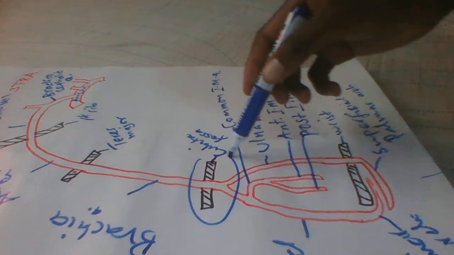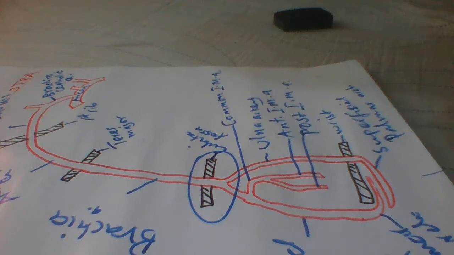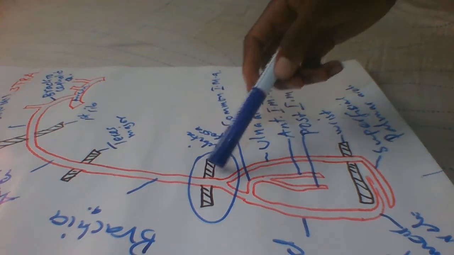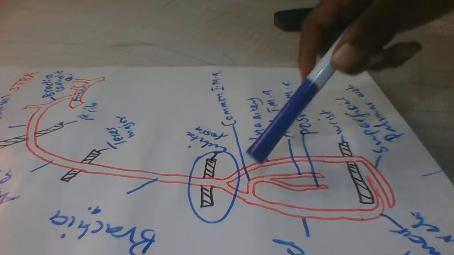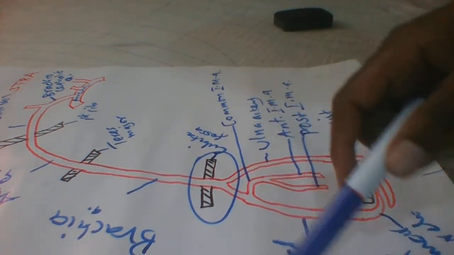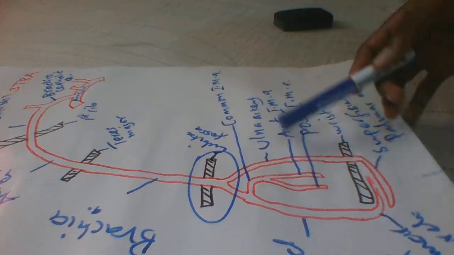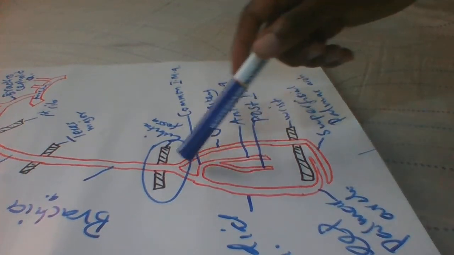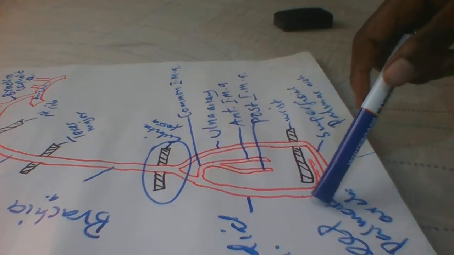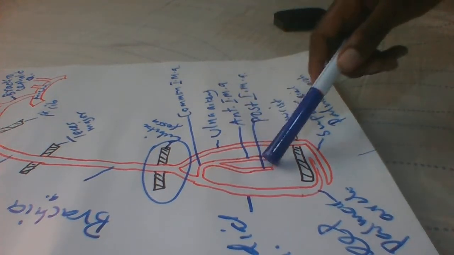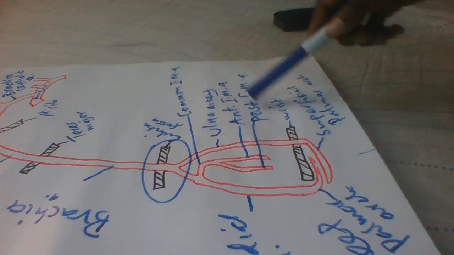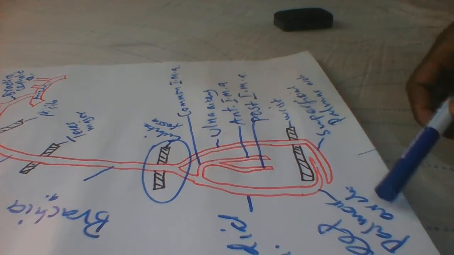There it divides into a medial branch known as the ulnar artery, and then the lateral branch known as the radial artery. But we've seen that the lateral branch gives rise to the common interosseous artery, which gives rise to the anterior and posterior interosseous arteries.